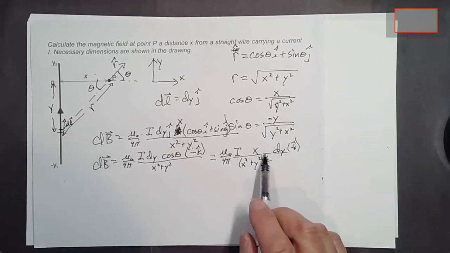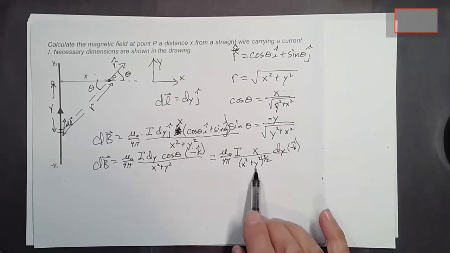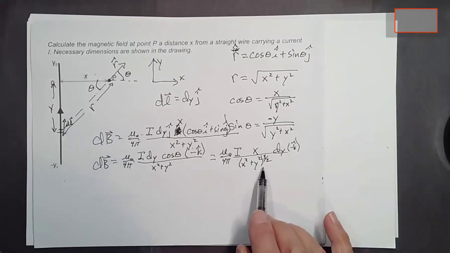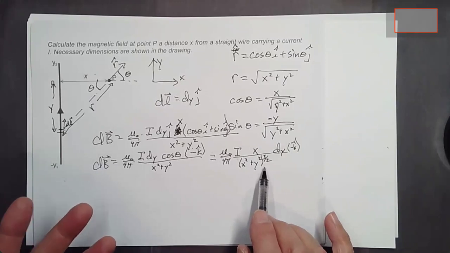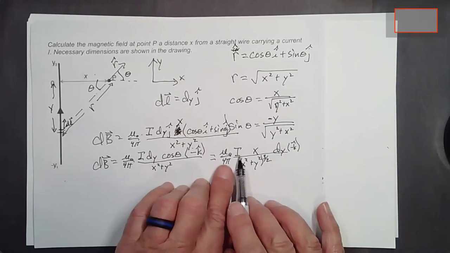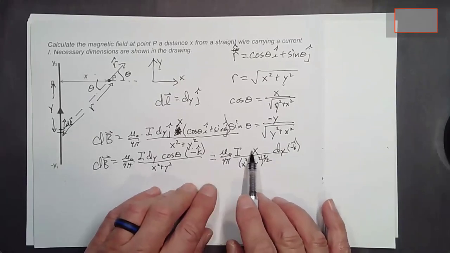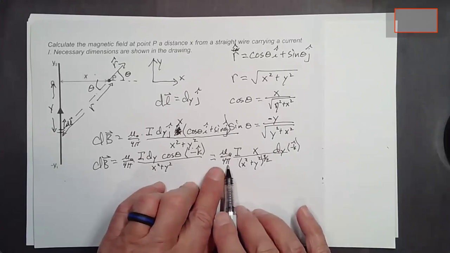Okay, now remember, x is a constant. Our variable here is y. And so to get the full magnetic field, I'm going to pull all the junk out of this expression that's constant, and in fact, it's the entire numerator and the 4 pi there.